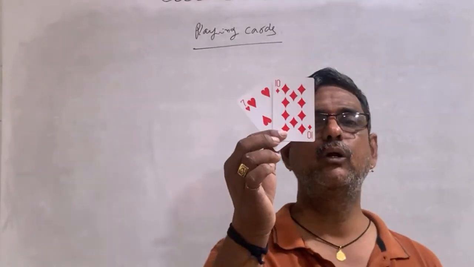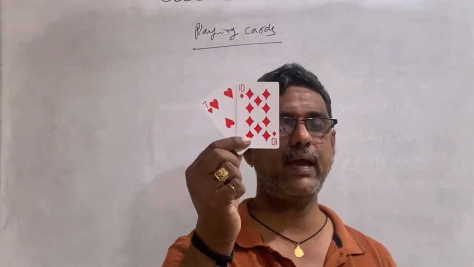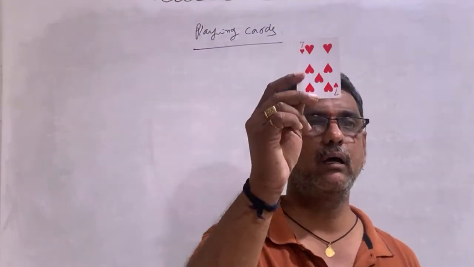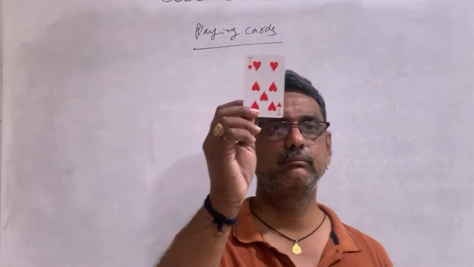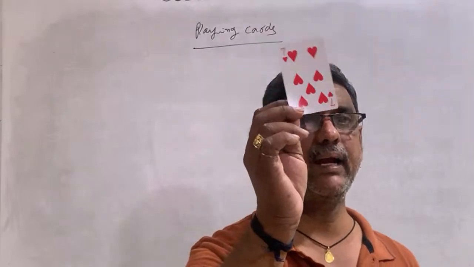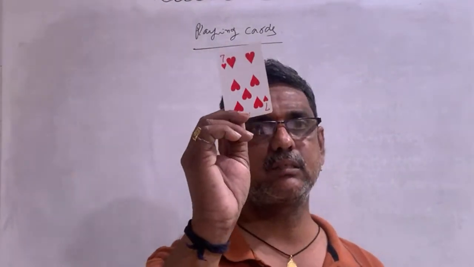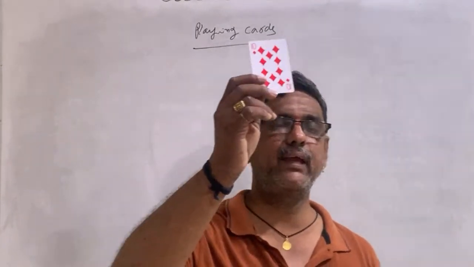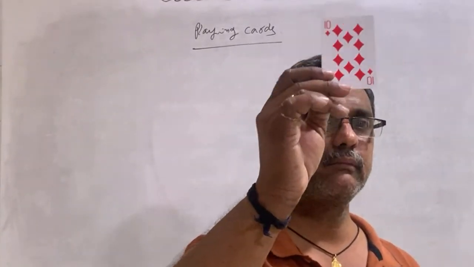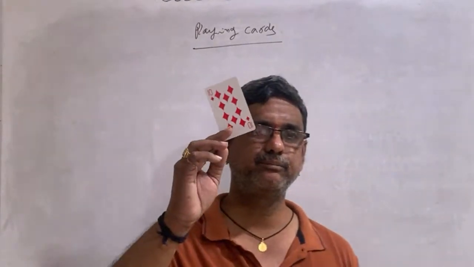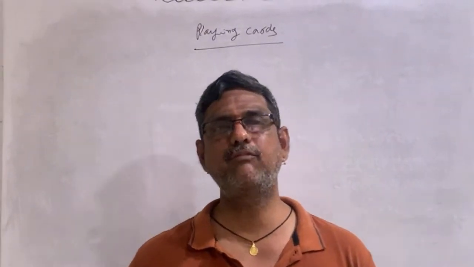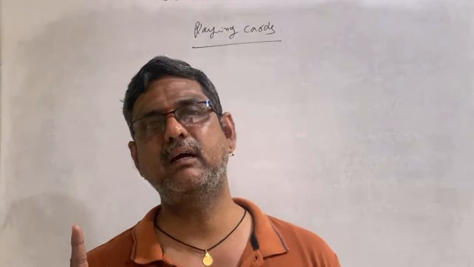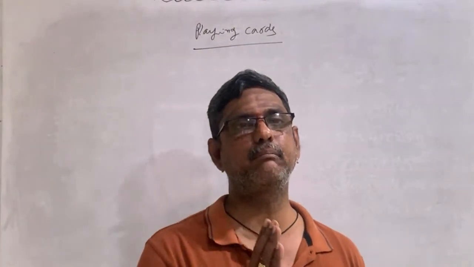This shape in the red color we can call hearts. And this shape we can call diamonds. Okay, children? So out of 52 cards, we have two colors, red and black, 26 in red color, 26 in black color.